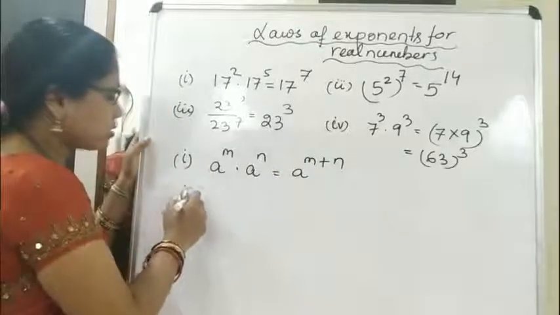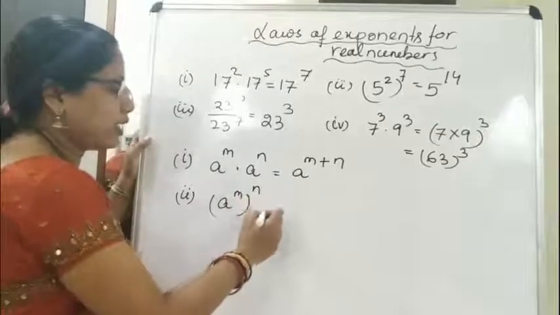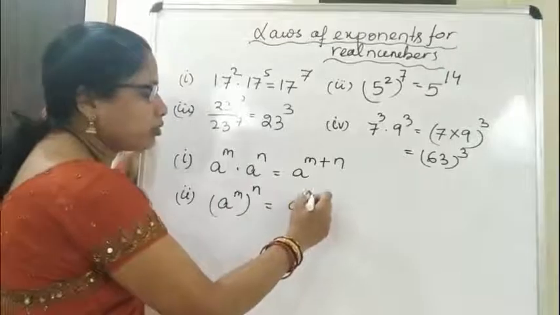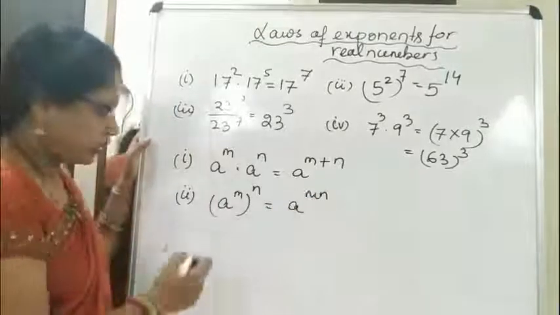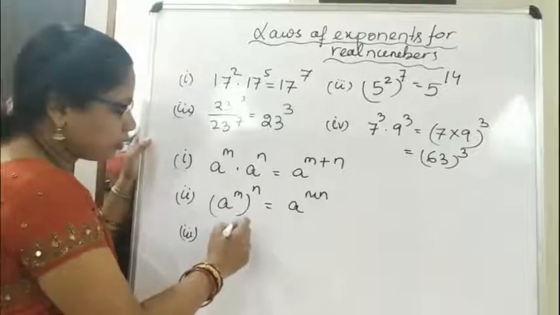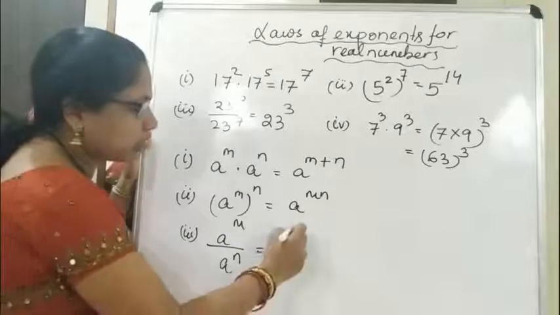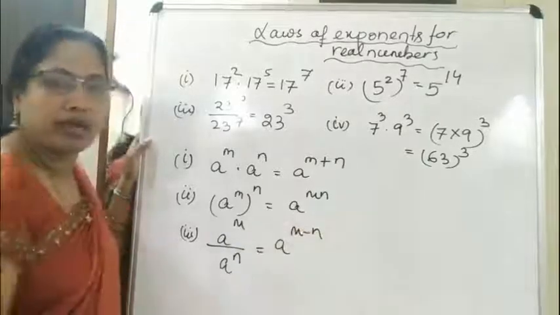The second one is a to the power m, whole to the power n, is equal to a to the power m into n. And the third one is a to the power m divided by a to the power n is equal to a to the power m minus n.